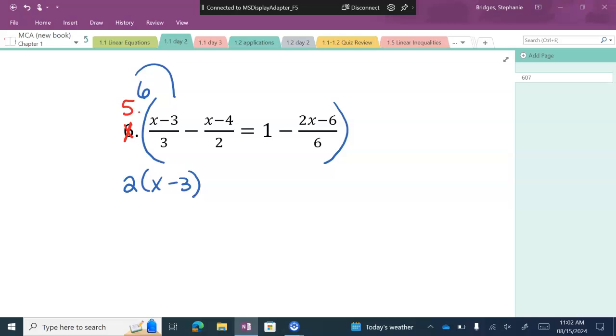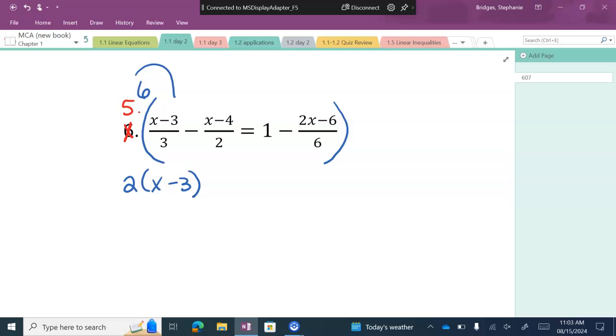Does that make a little sense? Yes. So what I did was, if I do my fraction, I said 3 goes into 6. How many times? 2. So I changed that to a 2, and that disappeared. And so now it's going to be 2 times all of that. That's why I use parentheses. Does that make a little bit of sense?